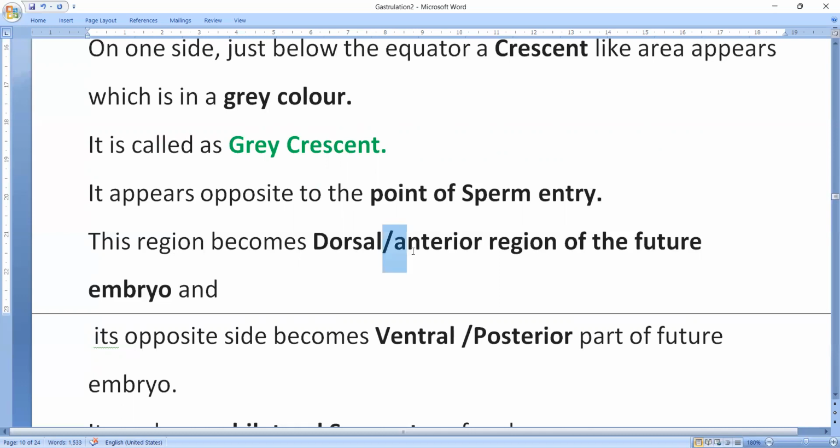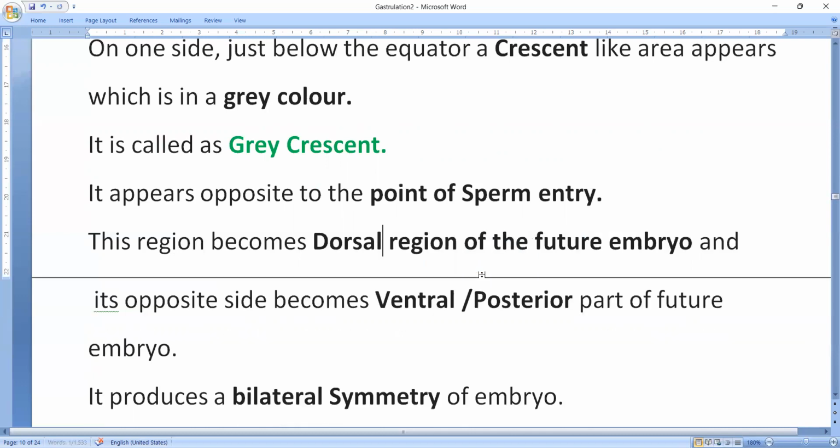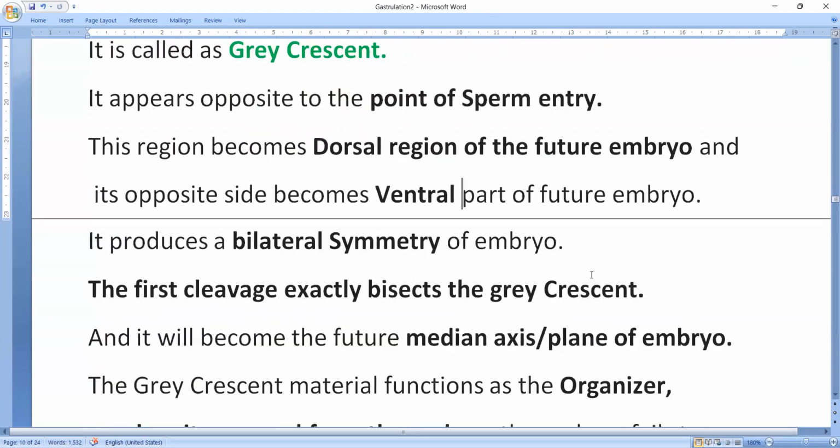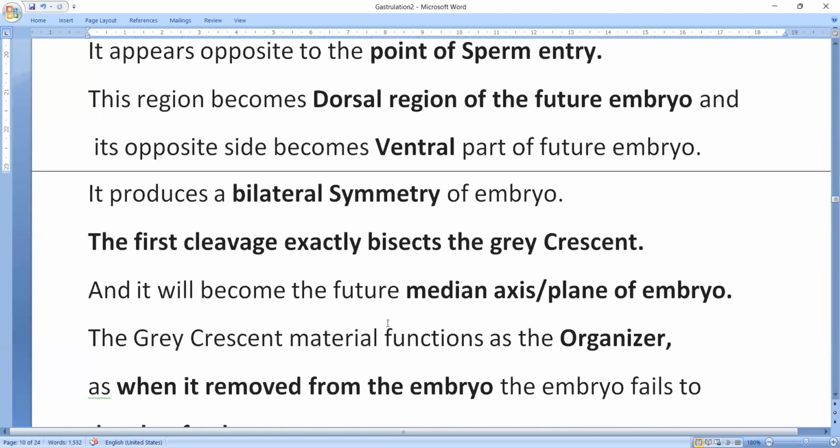So this will be the dorsal region. You remember the dorsal region of the future embryo, and the opposite region will be the ventral part of the future embryo. You remember this point. The gray crescent area will be the dorsal region of the embryo.